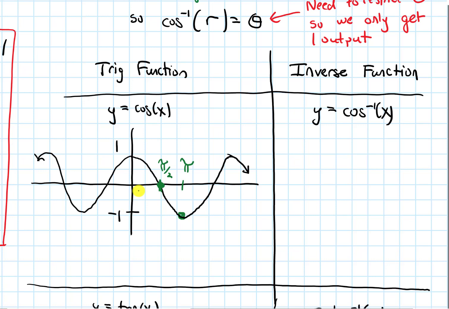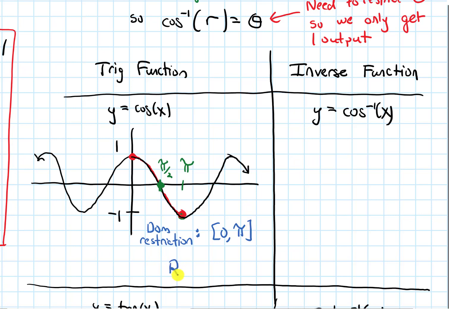So to make this function have an inverse, we need to restrict the domain so it's going to pass the horizontal line test. So the convention is to just let the domain go from starting here, when the input x is 0, all the way up until here, where the input is pi. So our domain restriction that we're going to apply so that this has an inverse is that the angle can only be from 0 to pi, including 0 and including pi.